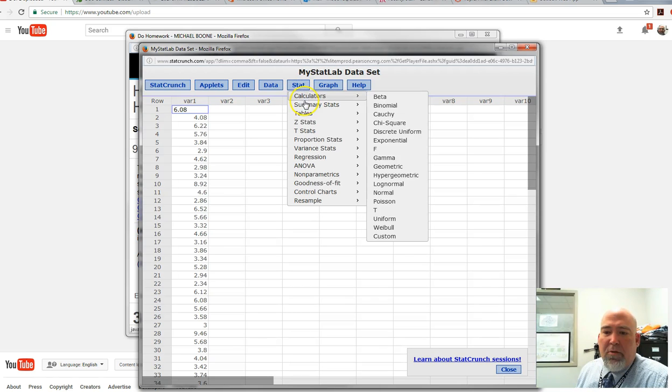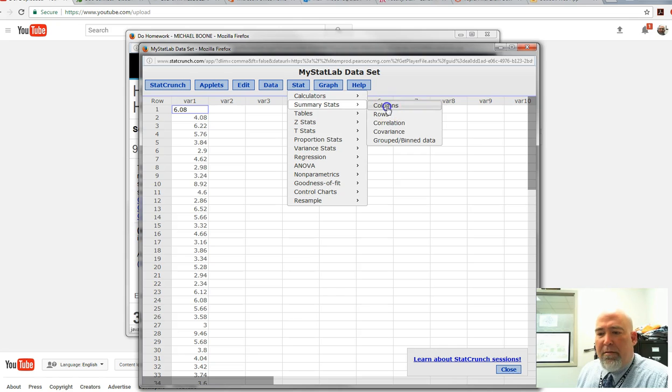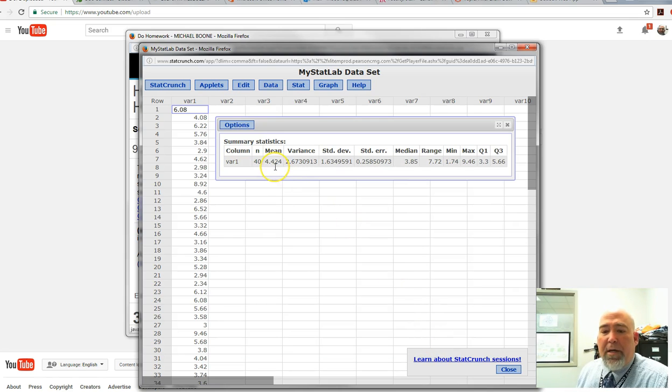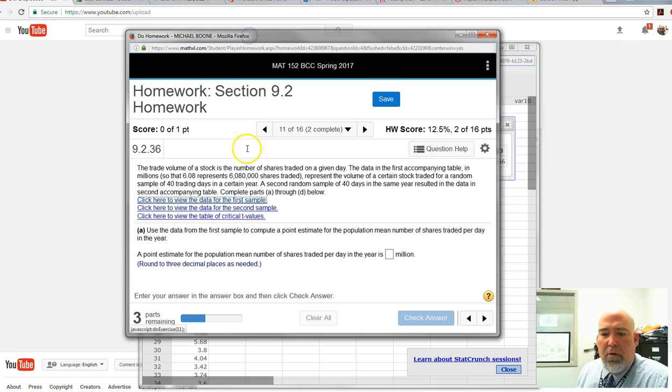So we could just go to our summary stats of this particular column, and it should give it to us pretty easily, right? So that's something that we did in chapters long ago, figuring out a sample mean. But it is recognizing that that is our point estimate, 4.424.